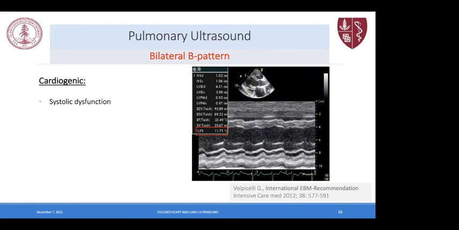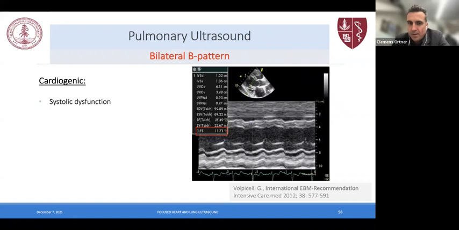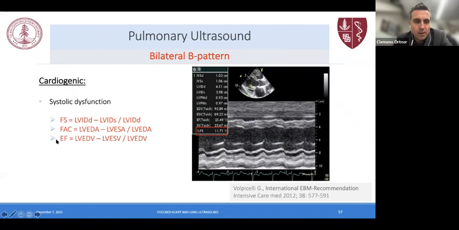I would assume it's the end diastolic volume, subtract the end systolic volume, and then divide by the end diastolic volume. Yes, correct. This is the formula for the ejection fraction: left ventricular end diastolic volume minus end systolic volume divided by end diastolic volume.